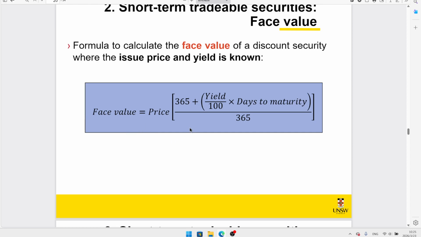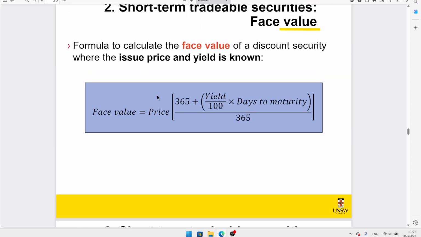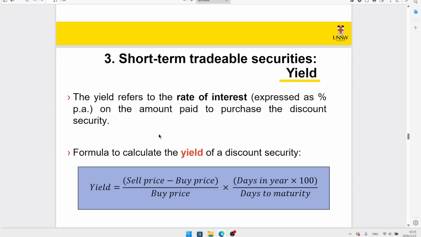Face value is the issue price times 365 plus the yield divided by 100 times days to maturity, divided by 365. So it will be 1 plus something else. The face value will be bigger than the issue price.